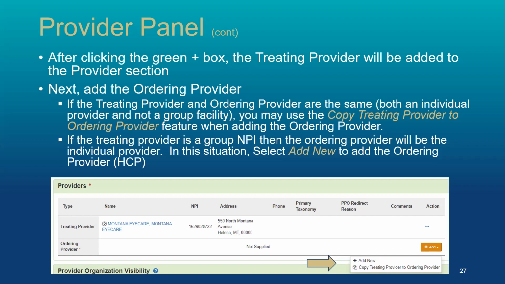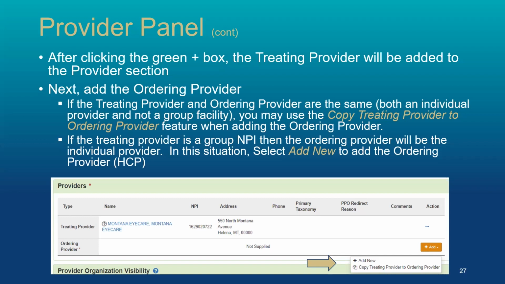So sometimes we see where not everybody has a group NPI number or like the business NPI number. It may just be that they're an individual and that's the only one they use. In that case, your treating provider and your ordering provider would match and it would be the same one.